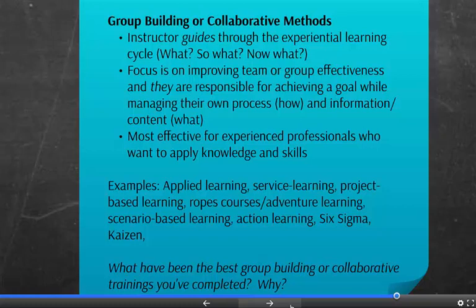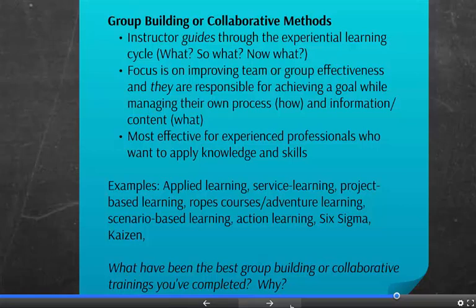So examples of group building or collaborative methods include applied learning, service learning, two methods that may be very familiar to you as Globe MSB students, project-based learning, ropes courses, adventure learning, scenario-based learning, action learning. You're noticing a theme in these examples in terms of the word that comes secondary.